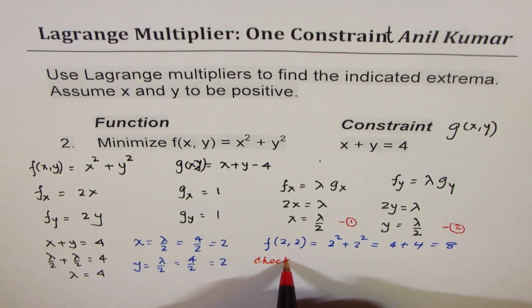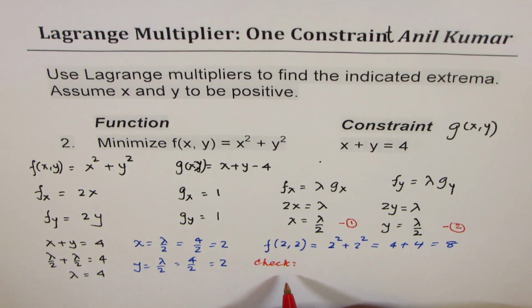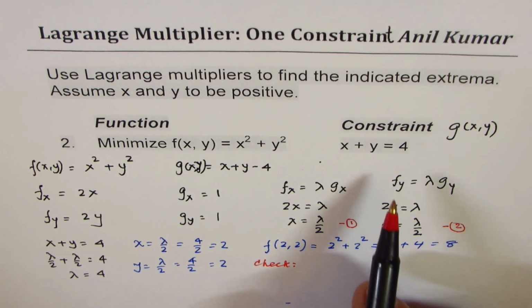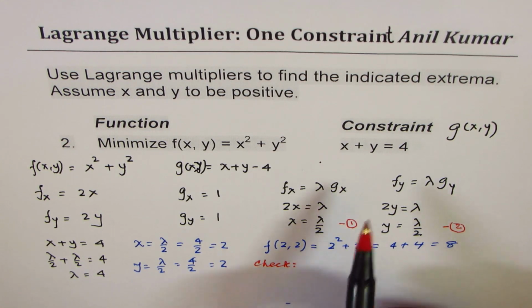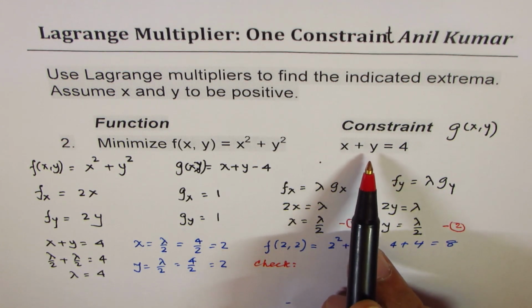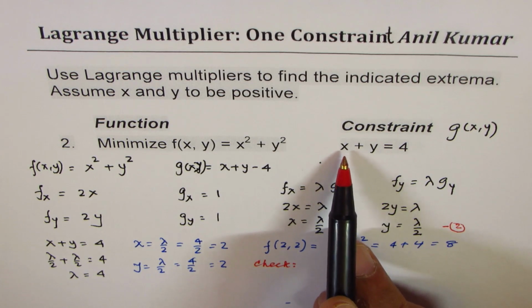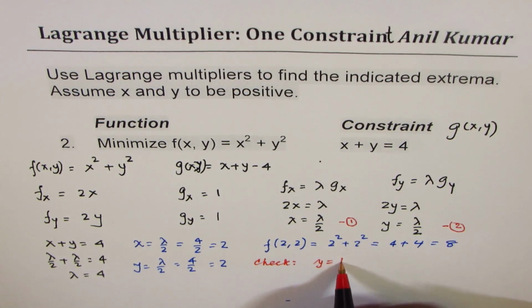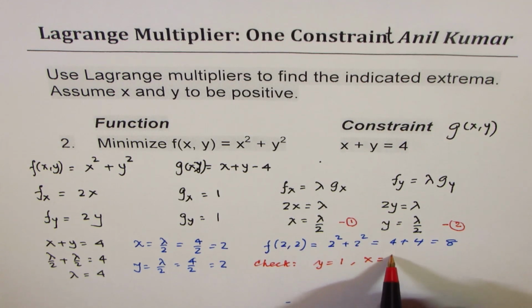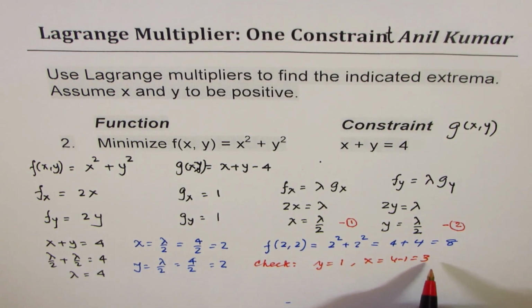So let's check. So what we will do as a part of checking is that, since this is the constraint for us, we can take some other values of the function. So instead of 2 and 2, if I take y as 1, let's say y equals 1, then x is equal to 4 minus 1, which is 3, correct?